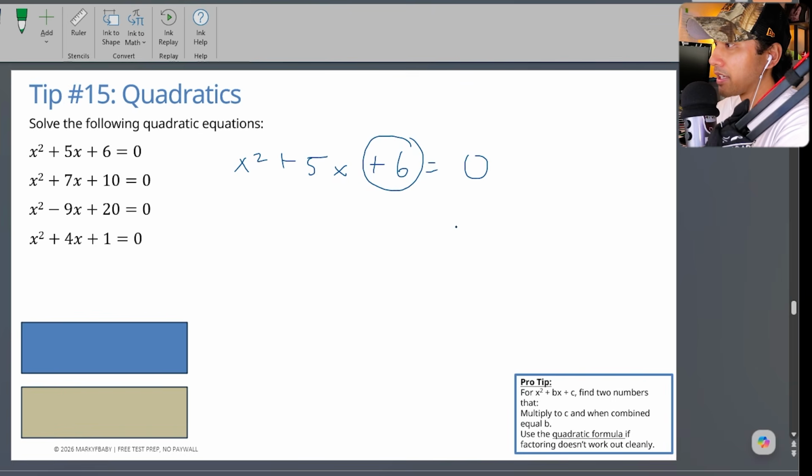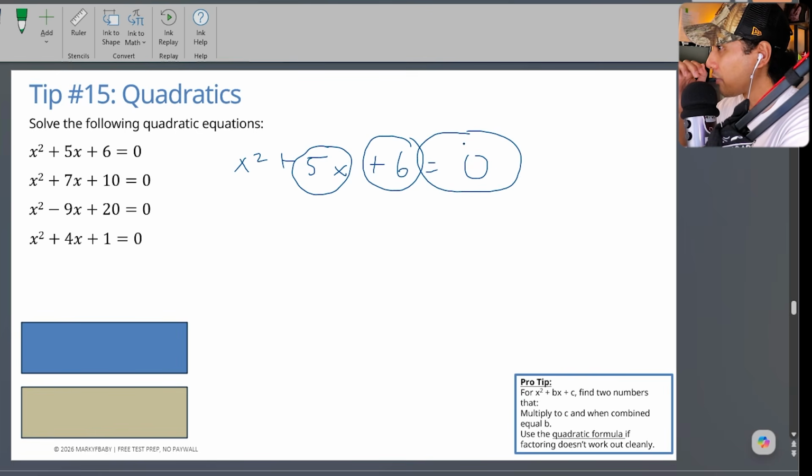You think, what two numbers multiplied equal 6, and when those two numbers are combined, they equal 5? That's what we're trying to find. And this equaling 0 just means that this is an equation. We are solving for something. In this case, we are solving for x.